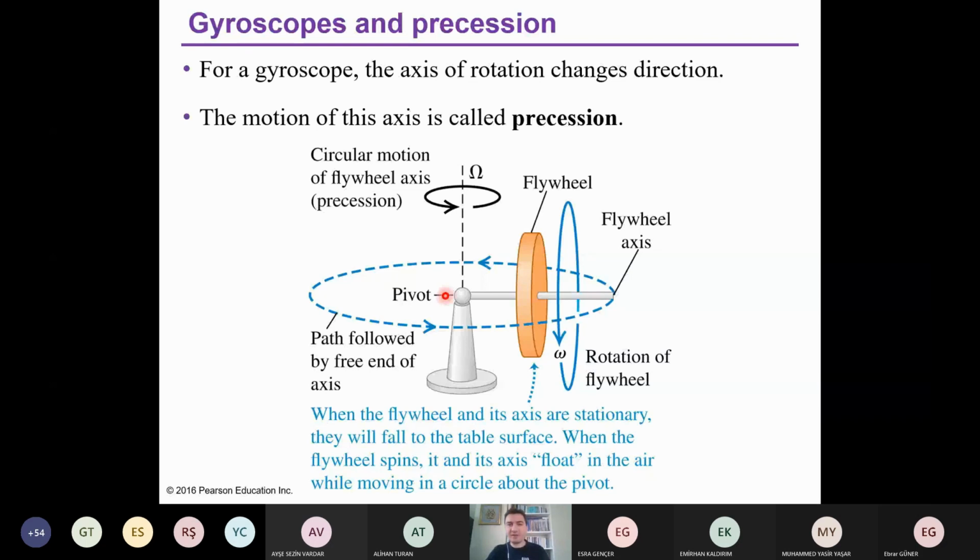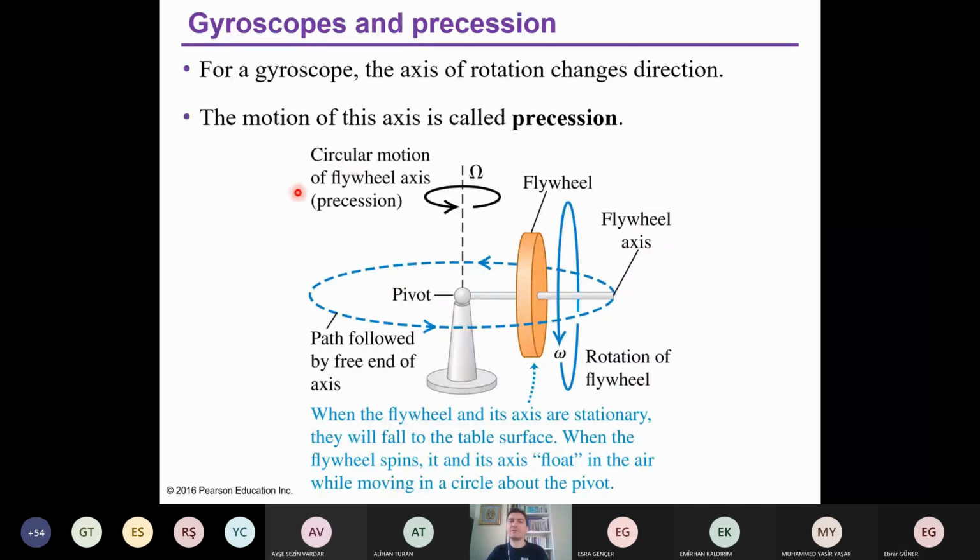The angular speed of the flywheel, rotating around its axis, is given with omega, and the angular speed of the complete system rotating around this rotation axis is given with omega. The circular motion of the flywheel axis is called precession.